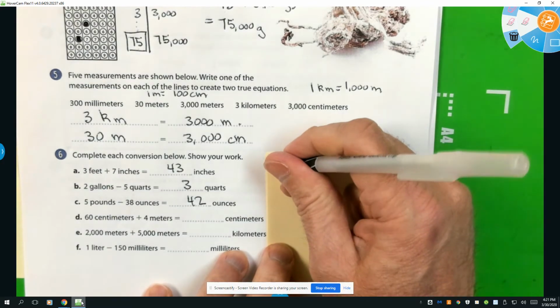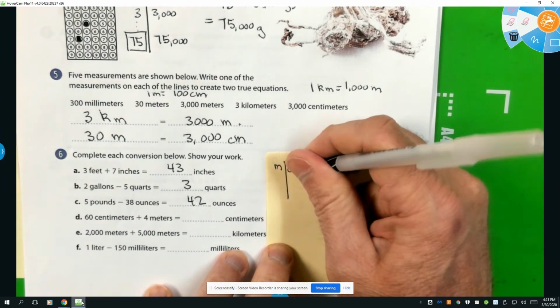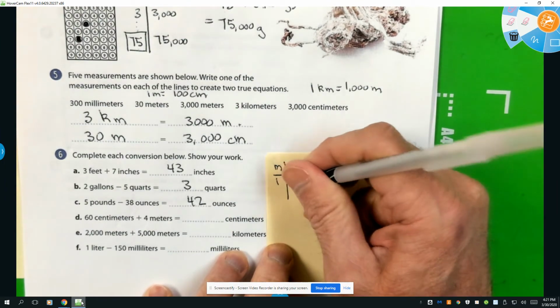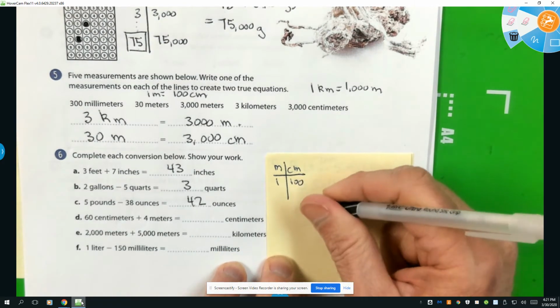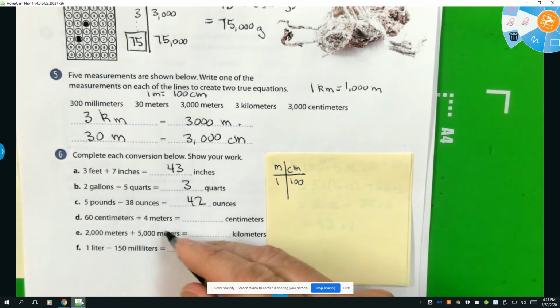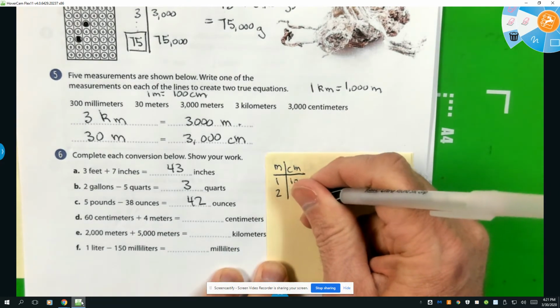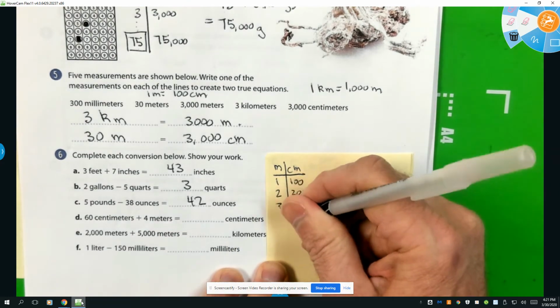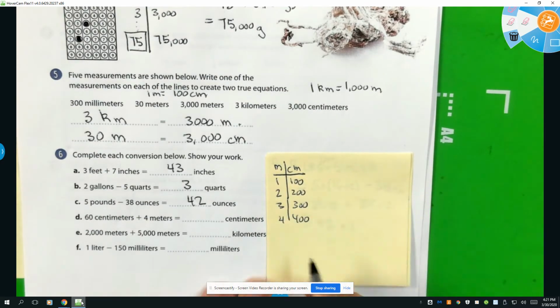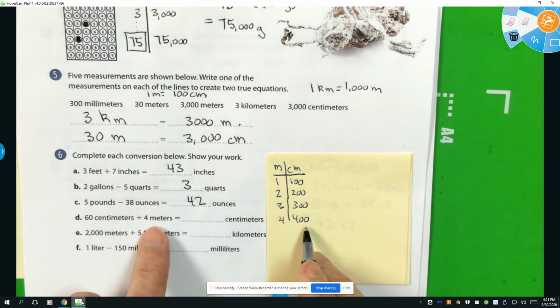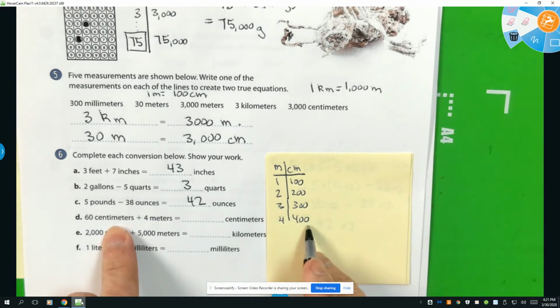So I know that meters to centimeters, it is 1 meter to 100 centimeters. Okay, so if I have 4 meters, 2 meters, 200, 3 meters, 300, 4 meters, 400. Now you can just look that 4 meters is 400 centimeters plus 60.